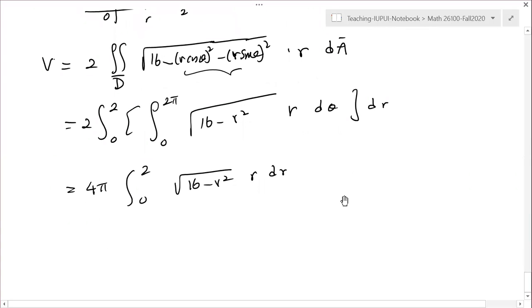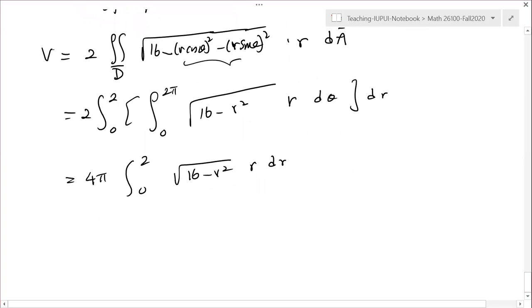We get u-substitution. Let s be 16 minus r squared. So ds is going to be negative 2r dr. When r is 0, that's 16. When r equals 2, that is 12.